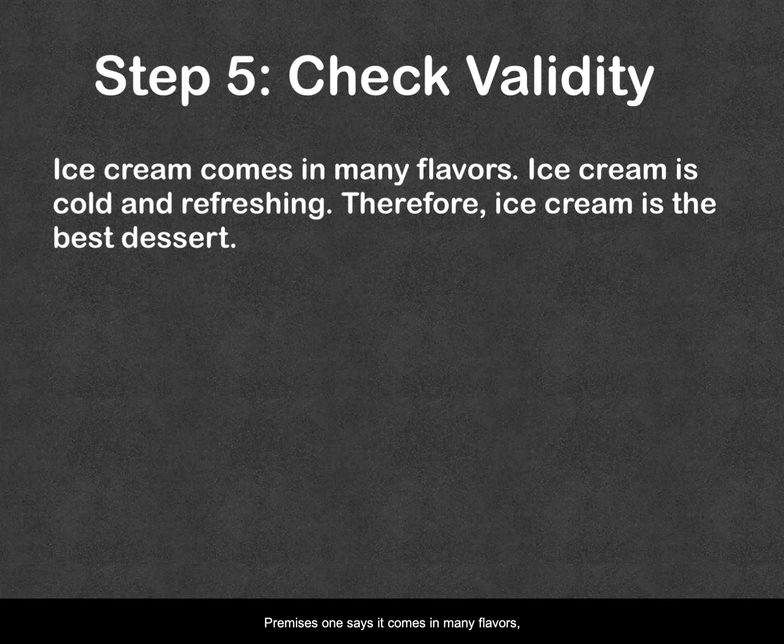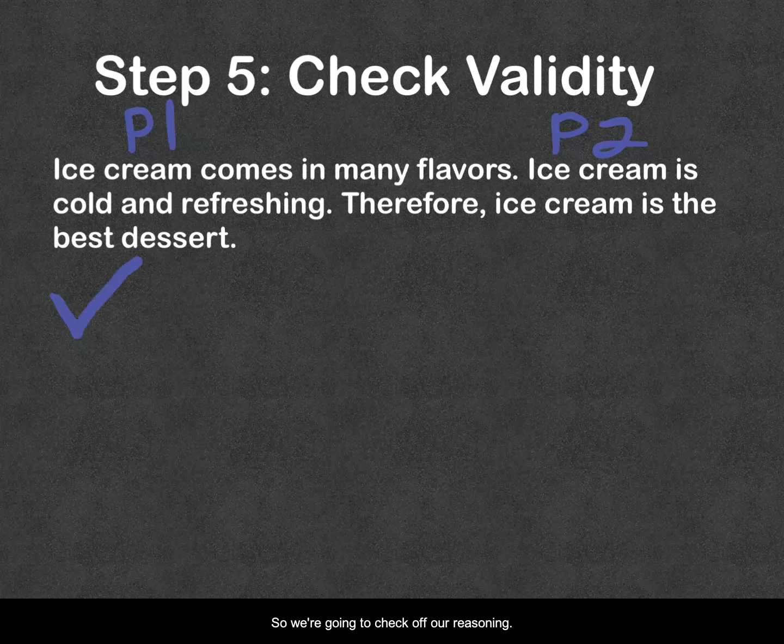Premises 1 says it comes in many flavors, which could be a great reason if somebody's looking for variety in their dessert. And premises 2 says that it's cold and refreshing, which are reasons that somebody could consider ice cream to be the best dessert. So the reasoning is there because the many flavors, because it is cold and refreshing, therefore ice cream could be the best dessert. It is the best dessert.